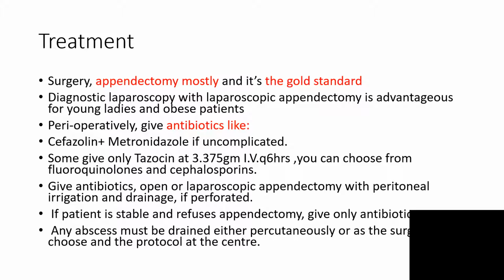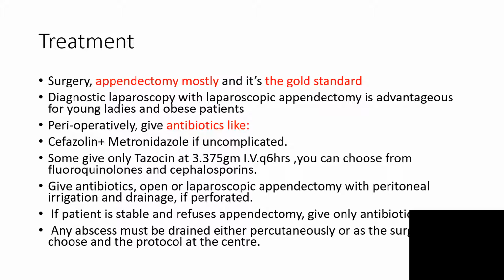You can choose from the fluoroquinolones and the cephalosporins, but just make sure you are covering anaerobes as well. You give antibiotics, open or laparoscopic appendectomy with peritoneal irrigation and drainage if it is perforated.